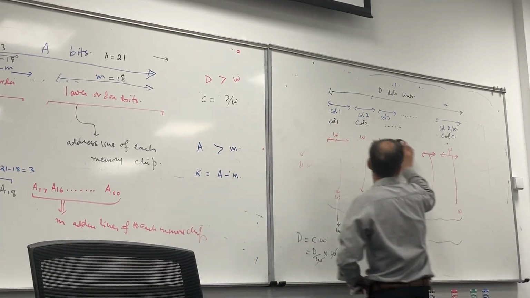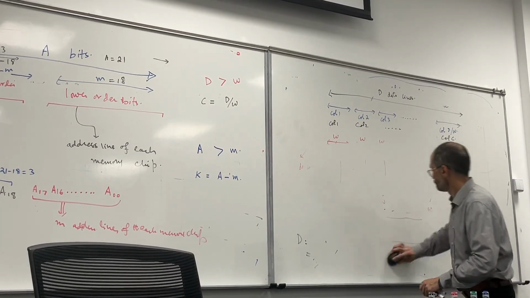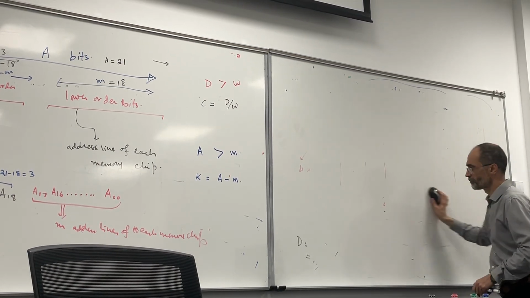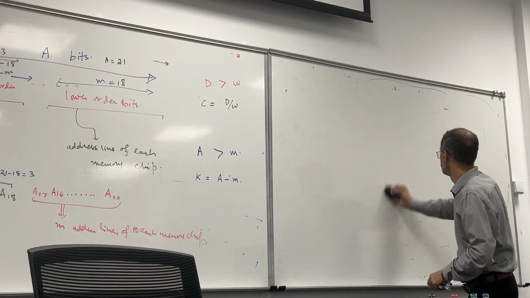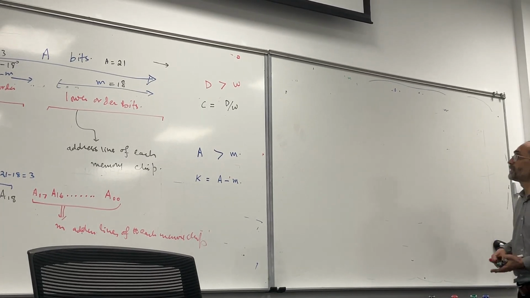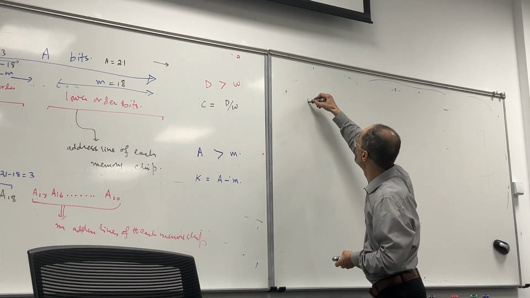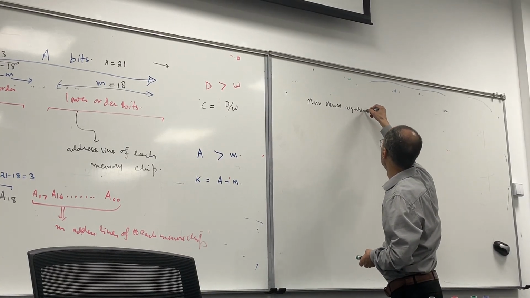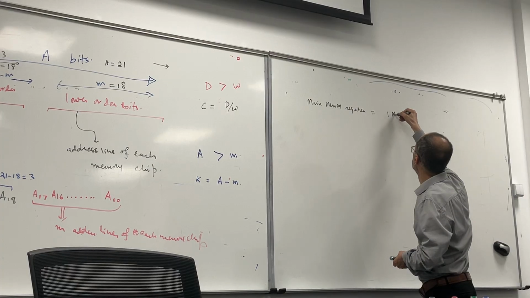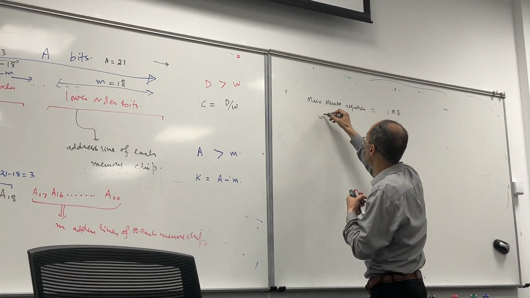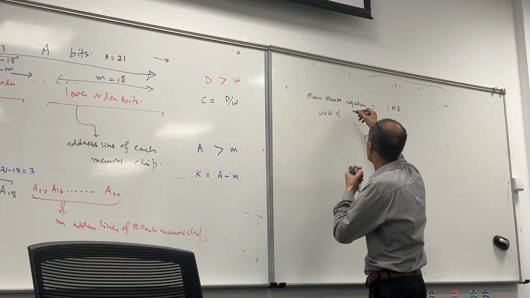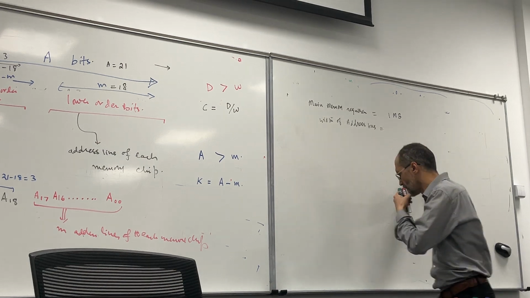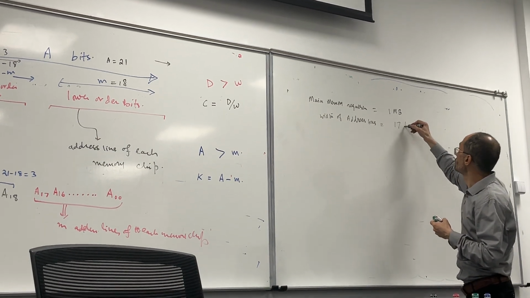Okay, now I'm going to pose one question and you have to solve it. Let's assume that the main memory requirement is one MB and the width of the address bus on the microprocessor side is 17 bits.